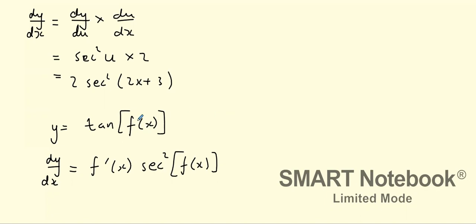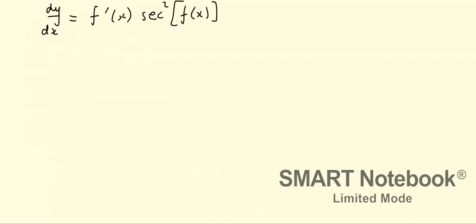If we differentiate 2x plus 3, we get 2 sec squared 2x plus 3. That's it, done. Don't need to stress about that. Right. So we've looked at the differentiation of tan x. Next thing that we are going to do is I want you to have a go at differentiating cosec x, please. Have a go at differentiating cosec x and let me know your answer as soon as you have it.